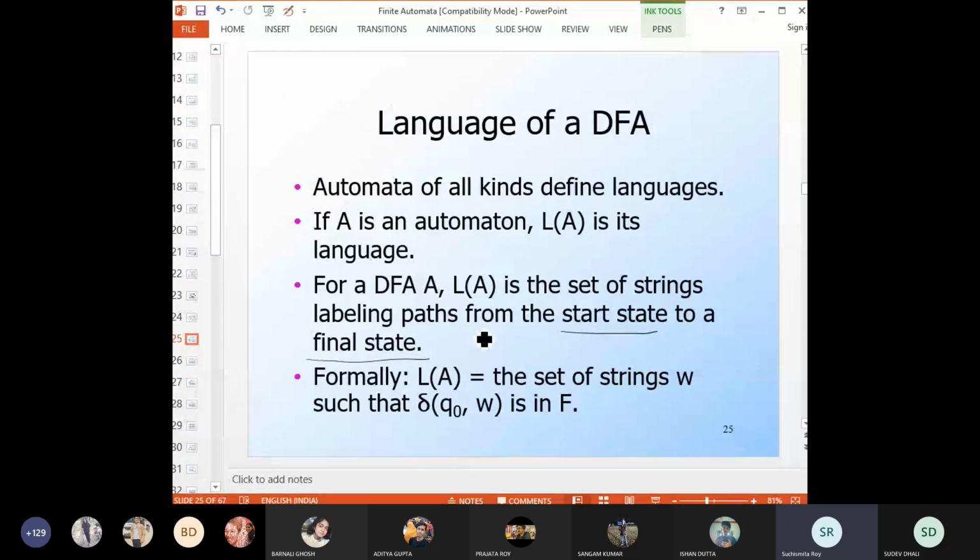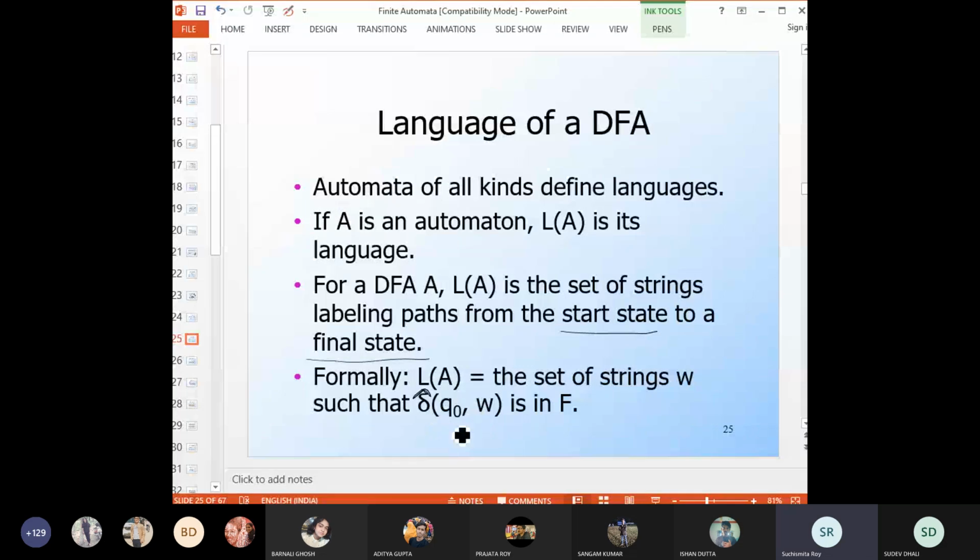Okay, so formally in mathematical terms, LA is the set of strings W, all those strings W, such that, can you see here, this is the extended definition. So we might like to put a cap here.